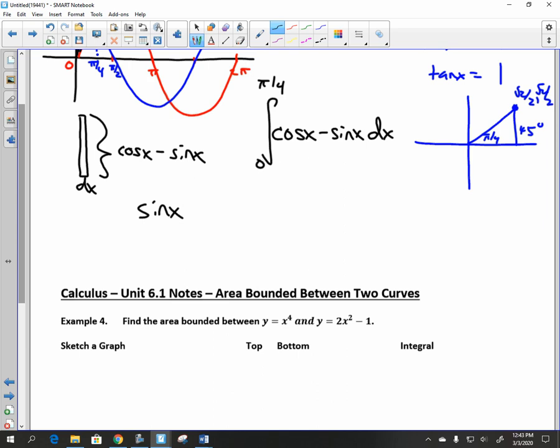Antiderivative of negative sine plus cosine of x. Yeah.